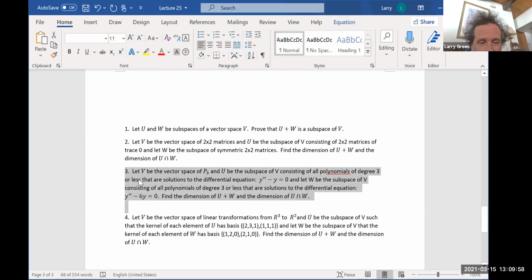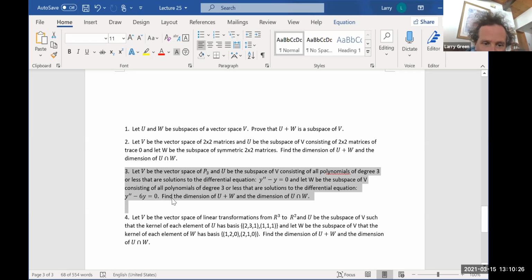Let V be the vector space of P3 and U be the subspace of V consisting of all polynomials of degree 3 or less that are solutions to the differential equation y double prime minus y equals 0. Let W be the subspace of V consisting of all polynomials of degree 3 or less that are solutions to the differential equation y double prime minus 6y equals 0.